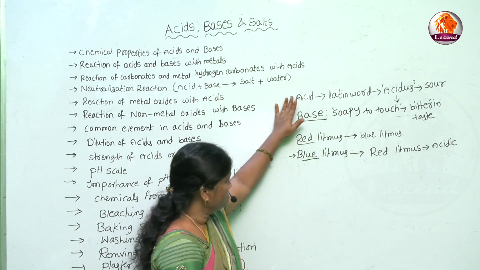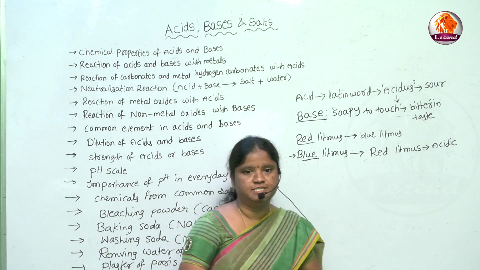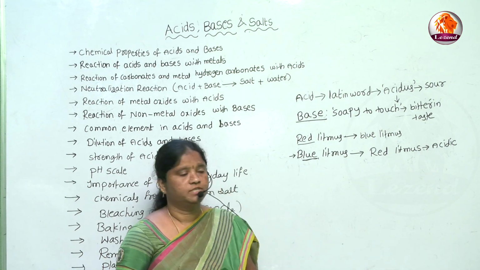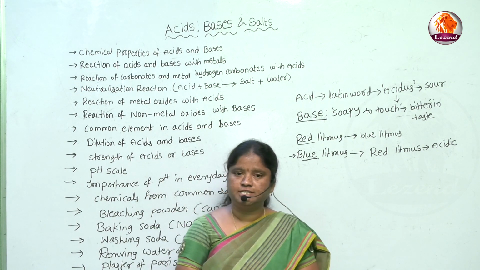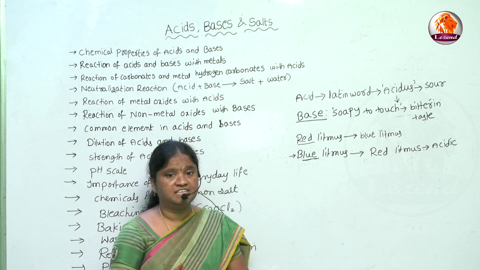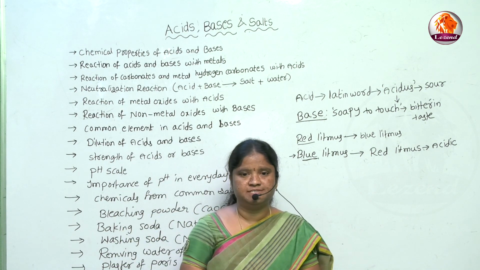In our daily life, if a person is suffering with acidity, we can prefer some antacid tablets. Antacid means opposite to the acidic property, so it should have some basicity.